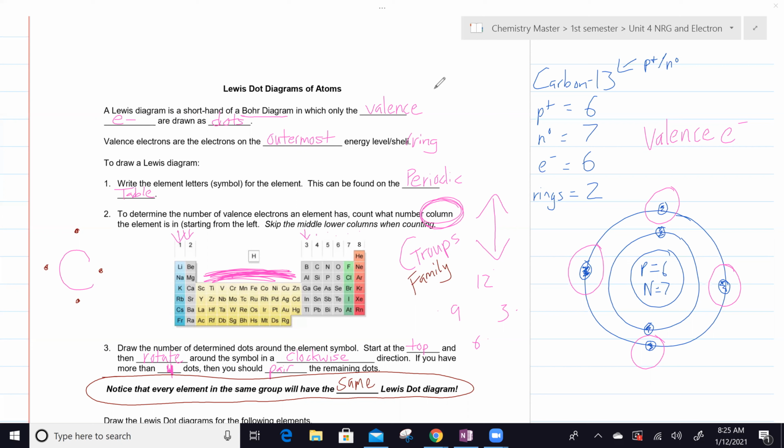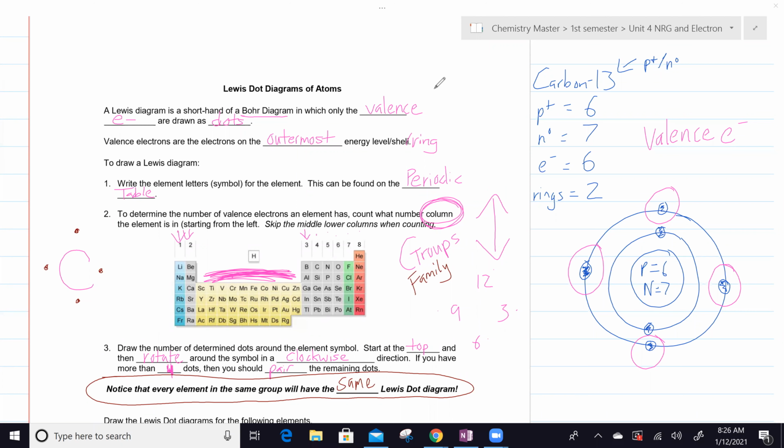Somebody tell me another element that is in the same group or column or family as carbon. Tell me another element. I can call on somebody. Let's see.